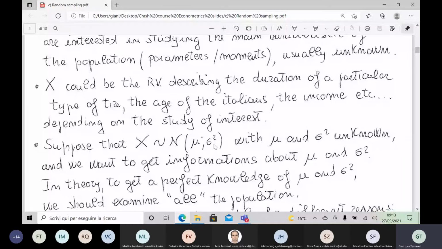For example, suppose that X is the random variable describing the duration of Pirelli tires of a particular type, okay?